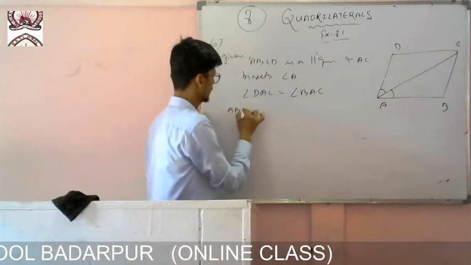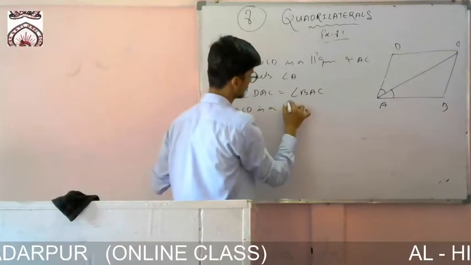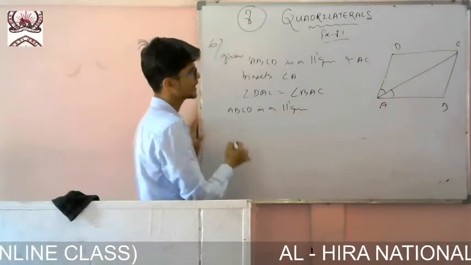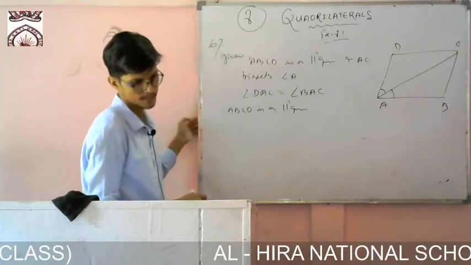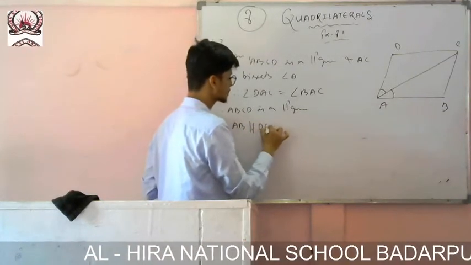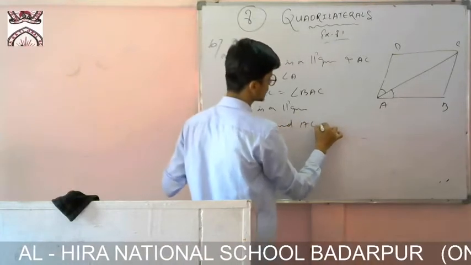Since ABCD is a parallelogram, I can write AB is parallel to DC, and AC is a transversal.